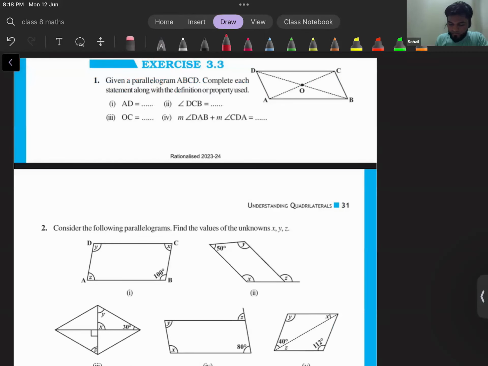Side BC, sir. Yes. And what about angle DCB? That means this angle here. We know that opposite angles are equal in a parallelogram, so it will be equal to angle A, which we will name as angle DAB. And what about OC? OC is going to be equal to which one?